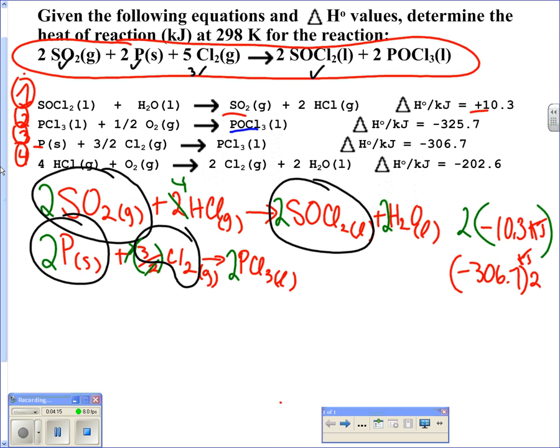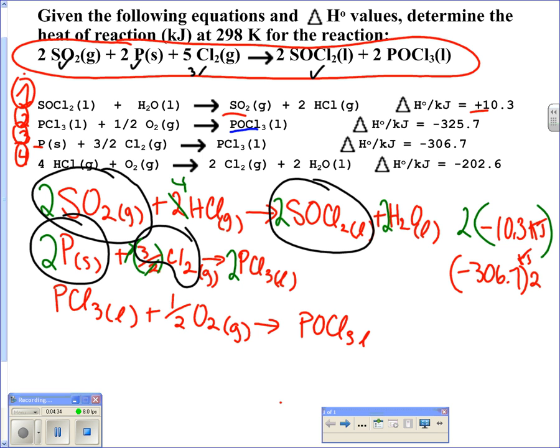I'm writing down the second reaction, and it's in the right place, so I'm going to leave the negative 325.7 a negative.